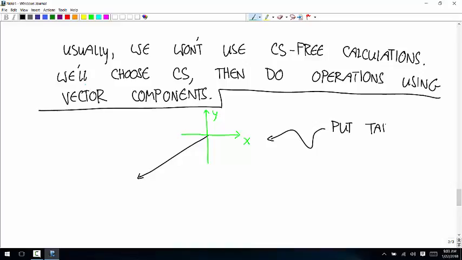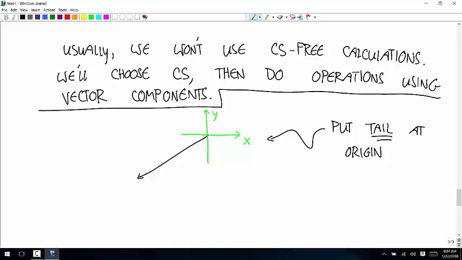It has to be the tail. And then break this vector up into the sum of 2 different vectors. One that's parallel to the x-axis and one that's parallel to the y-axis.